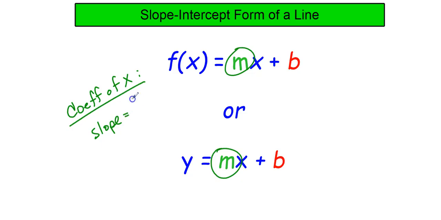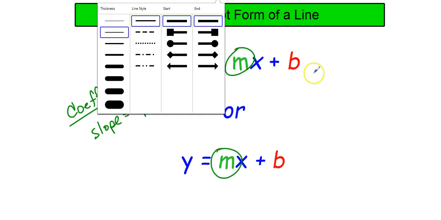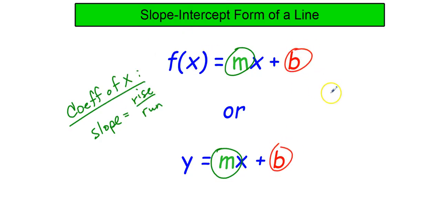It tells us rise over run. So it tells us how far it goes up compared to how far it goes over. And then the other thing that it tells us is the y-intercept. So the y-intercept for both of these is going to be that constant that's by itself.